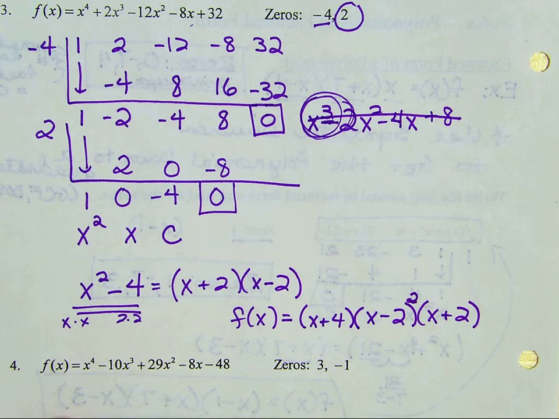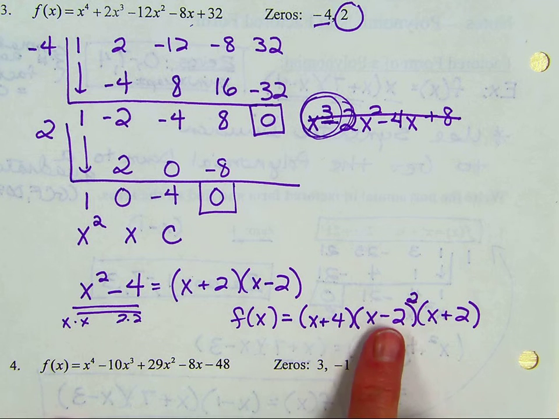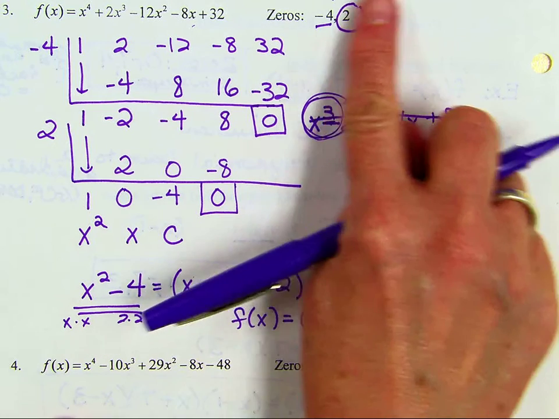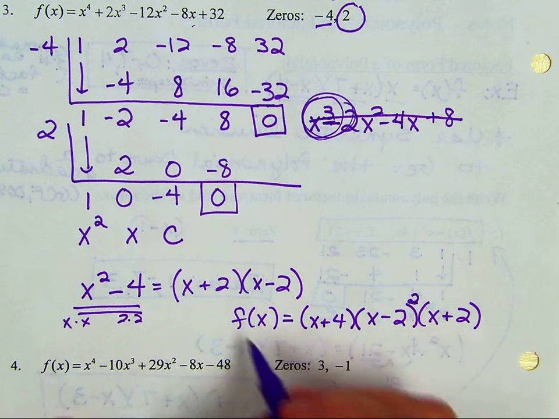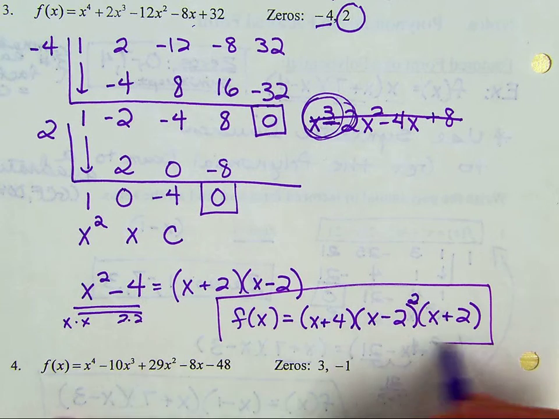So we've got 1, 2, 3, 4 factors. This is my factored form.